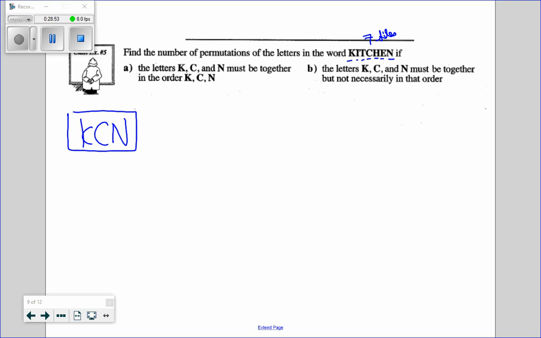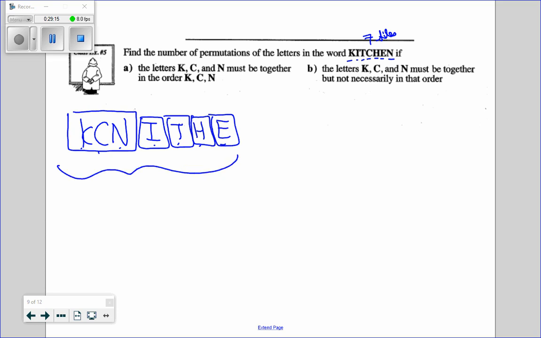So let's write out our tiles. I is still on its own tile, T is on its own tile, H is on its own tile, and E is on its own tile. So just make sure you've got all your letters. K-I-T-C-H-E-N. Kitchen. So what is my new total of Scrabble tiles? 5.